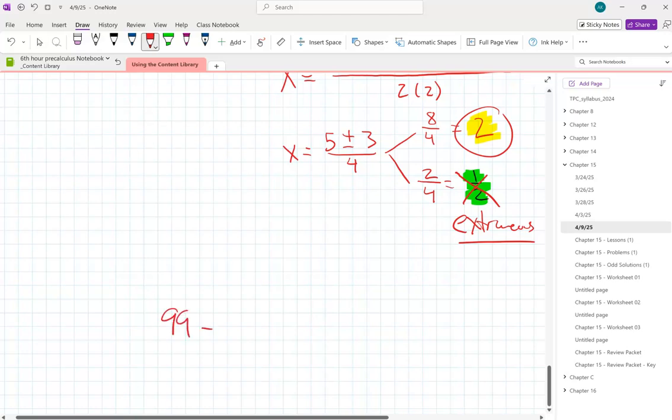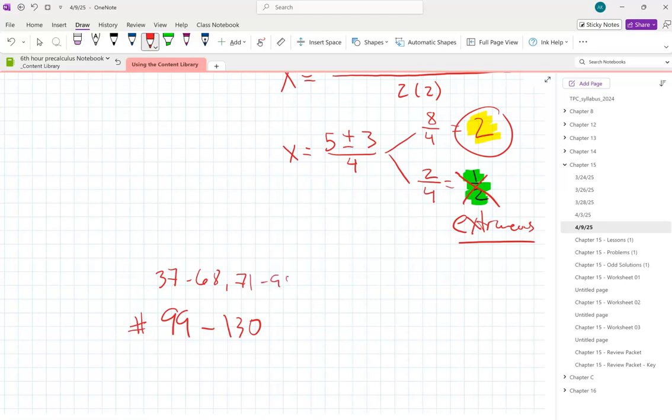So this next homework set that we're going to add, 99 through 130, went in on top of the 37 through 68, 71 to 98 from last time.